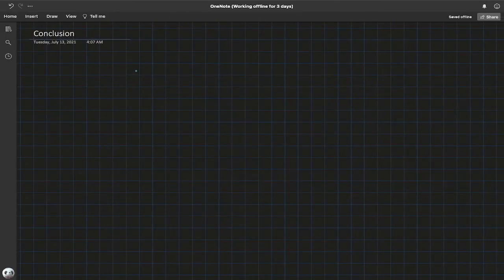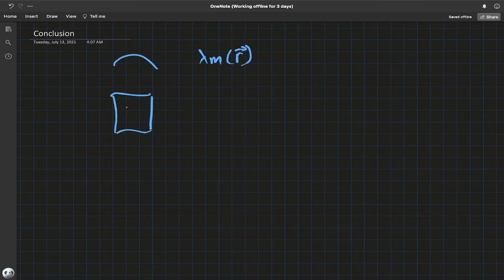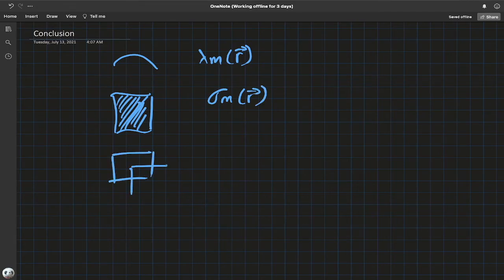Okay, just to conclude, I'll tell you why we needed a delta for the different distributions. It's because for a line, we have a linear mass distribution. For a sheet, we have an area mass distribution, and for a volume, we have a volume mass distribution.